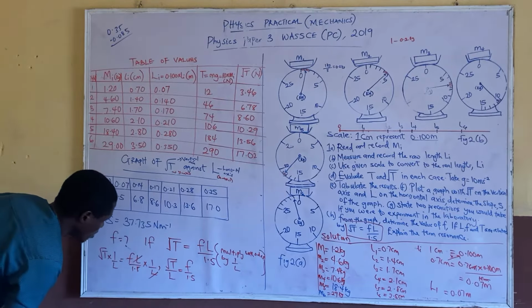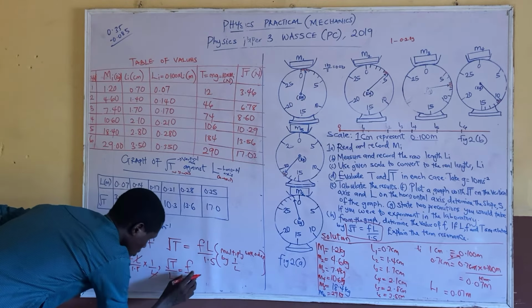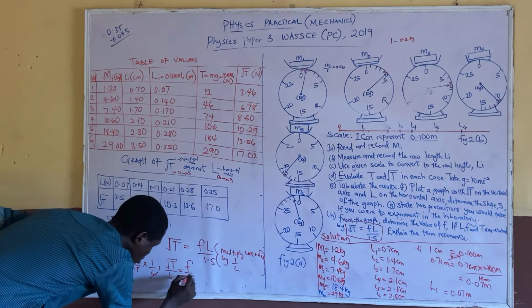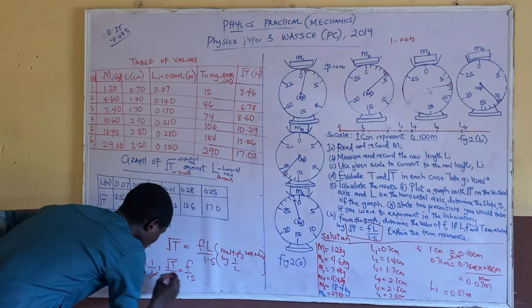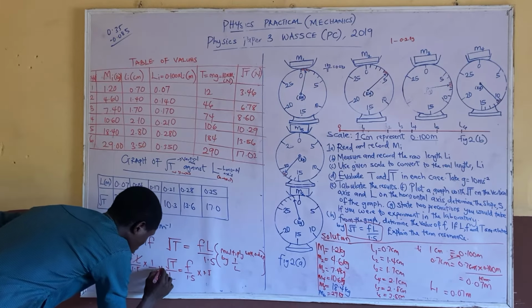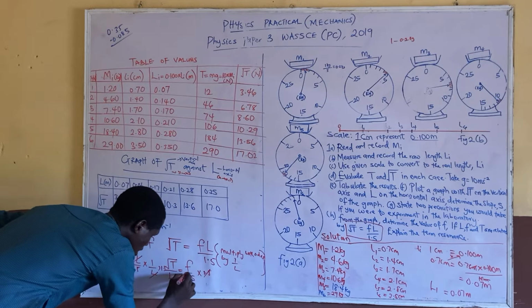Now from here you can cross multiply, or multiply both sides by 1.5.